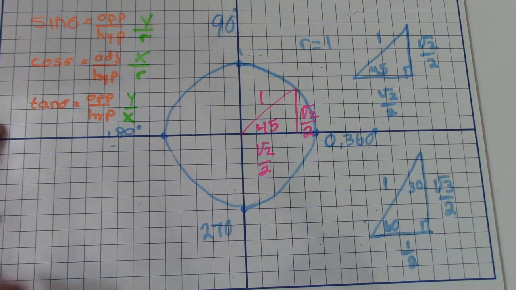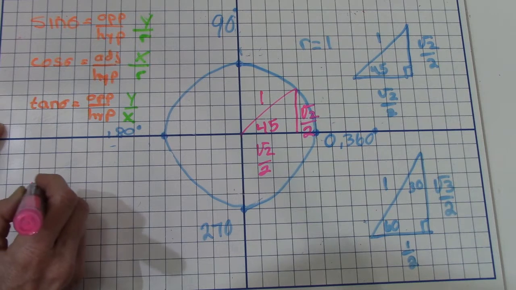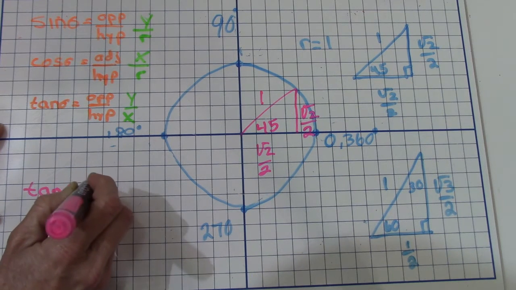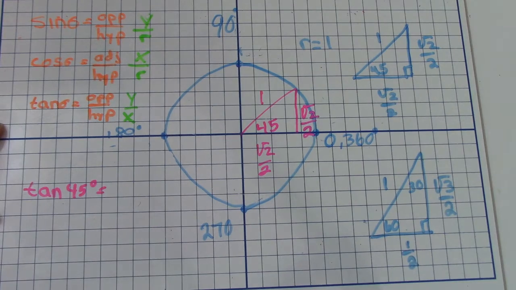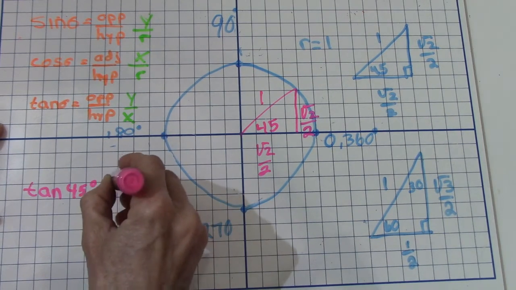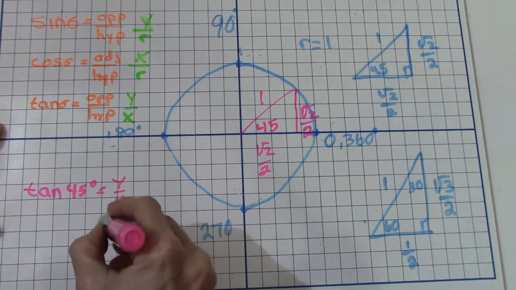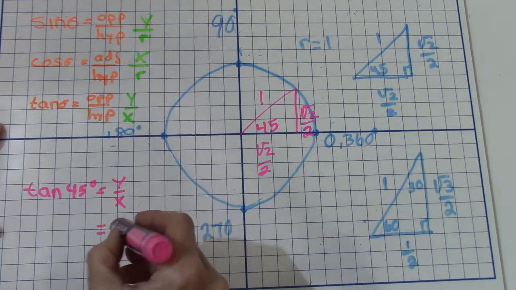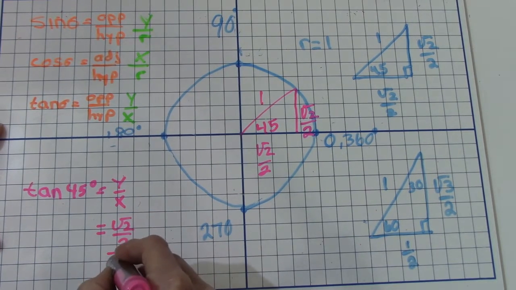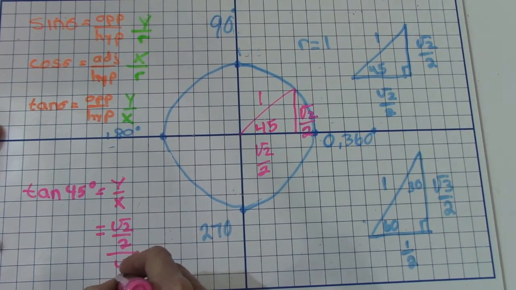So if I'm going to find, let's say, the tangent of 45 degrees, I have y over x, which is the y value, the square root of 2 over 2, over the x value, which is the square root of 2 over 2.